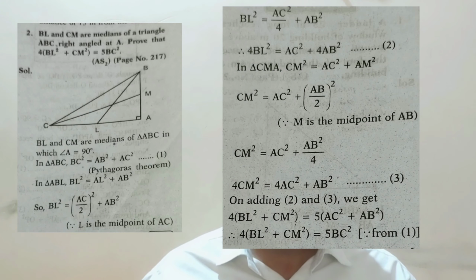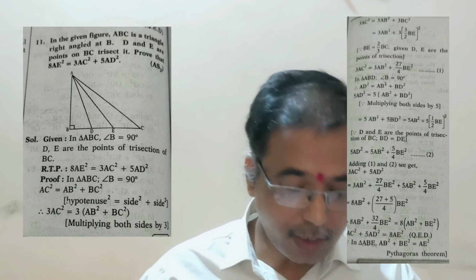And then again on Pythagoras theorem, one more important, BL and CM are the medians of the triangle ABC, right angle at A, then prove that 4 times of BL square plus CM square equal to 5 BC square, which is very important.